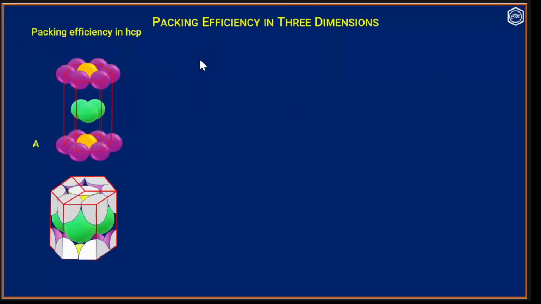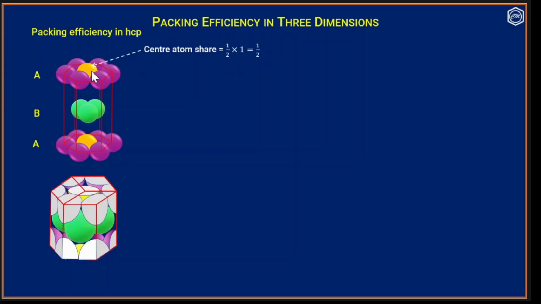Now let us examine the packing efficiency in the HCP structure. It is non-cubical, and this is the hexagonal close-packed structure. Layer A, layer B, and A repeats. So this is the atom in the A layer, the center of the A layer, and it is shared by 2 unit cells, that is, the unit cell above this.